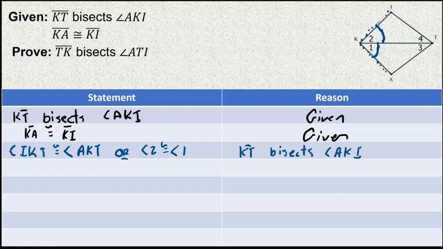And the reason for that is that KT bisects angle AKI. You can say angle bisector theorem, or some other stuff here for sure, but I just used a given to back up how I know my angles are congruent. As you get more advanced, absolutely use those statements.